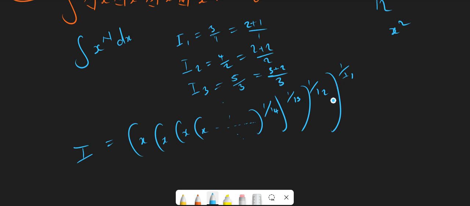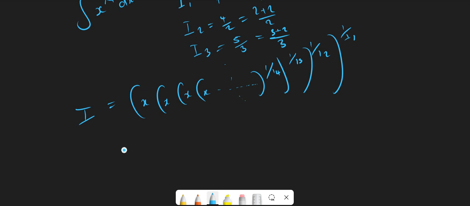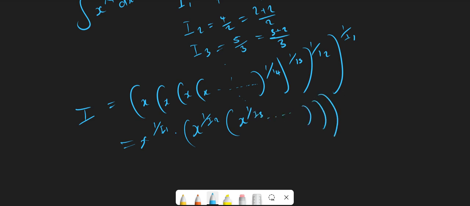If we collect, you will have x to the 1 over I sub 1, then times x to the 1 over I sub 2, then times x to the 1 over I sub 3, and so on, all raised to the power of 1 over I sub 1 here.